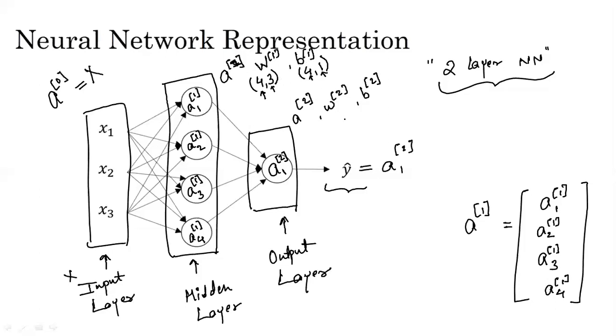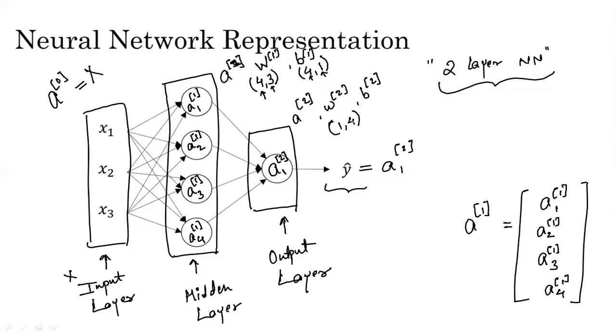Now you need to write the dimensions of W2 and B2. There is only one node in the output layer, that is layer 2. So W2 would have the dimension 1 comma 4, because 1 represents the one node in the output layer, and 4 because the 4 nodes of the hidden layer act as inputs for this node.